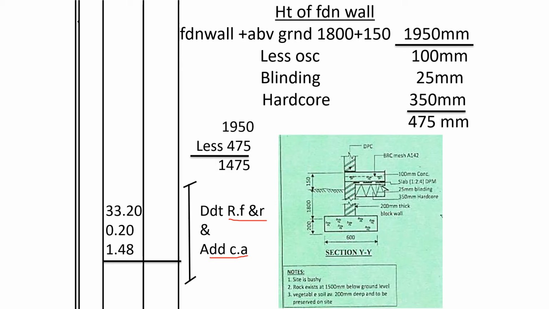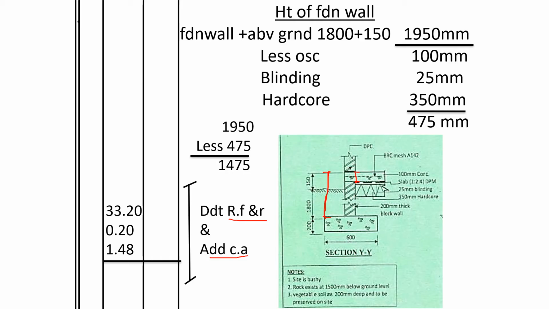So what is the volume of the stones that have replaced the soil? The foundation wall, the total was from here up to here, it was 1950. Then we have deducted 100 for the concrete.